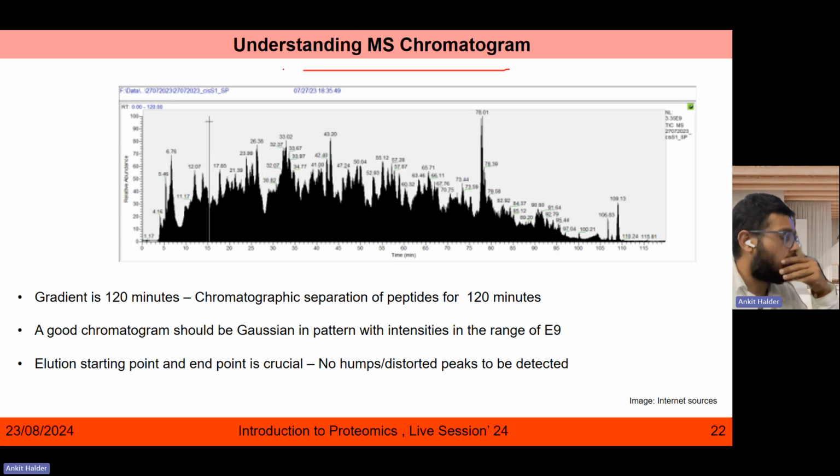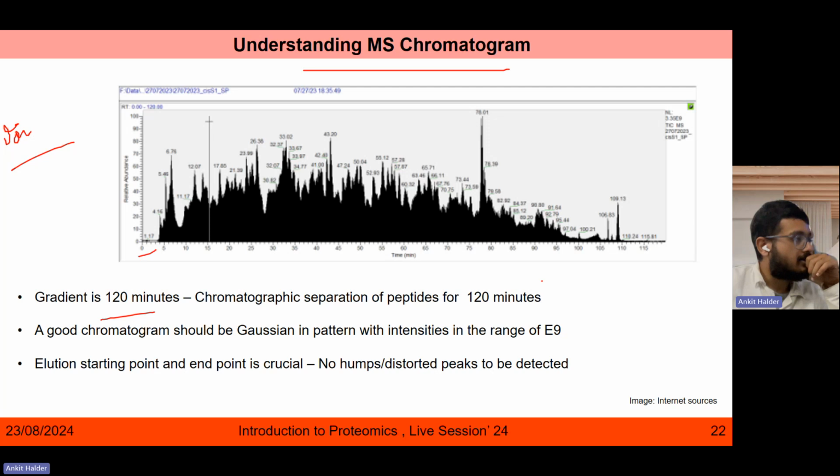This chromatogram comes from the ions. It is the total ion chromatogram, showing the peptides as they keep on eluting out. Here the run is 120 minutes, so you can see the time here: 0 to 120 is the end time.